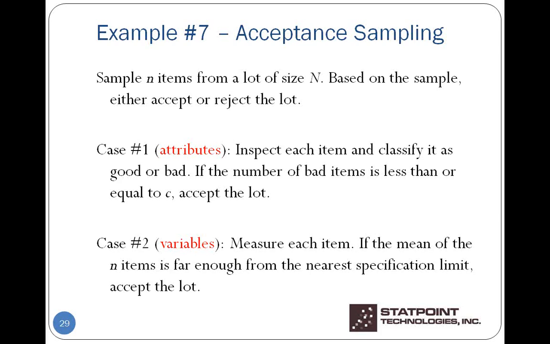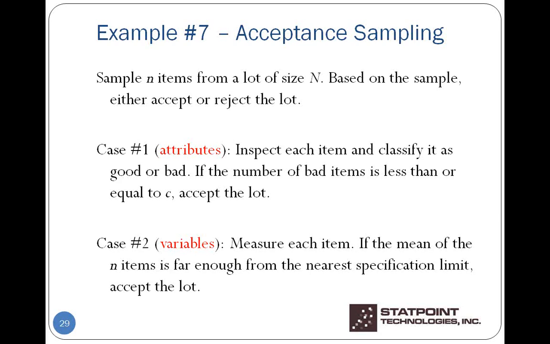A variable sampling plan is a little different. Again, you take little n items from the lot of capital N items. But this time, instead of inspecting each item and classifying it either as good or bad, you measure some characteristic of each item.